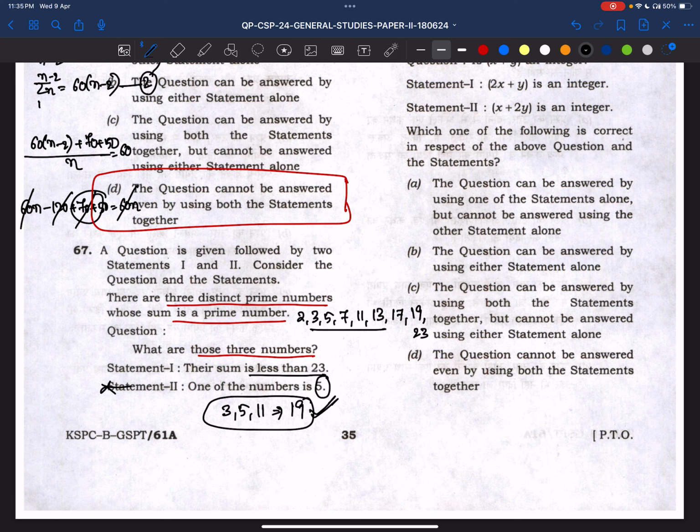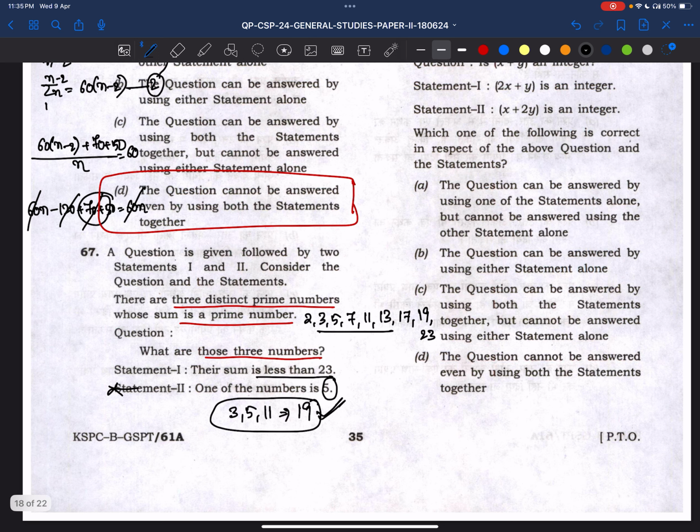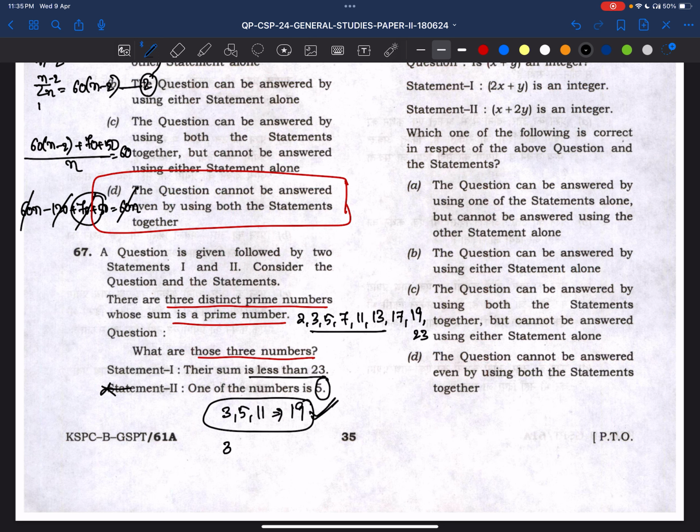If we get others, then statement 1 also can't be used to find the answer. So let's take 3, 5 again. We can't take 3, 5. So 3, 7 will be 10. 10 plus 11 is 21.